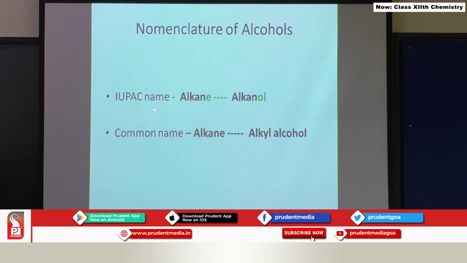In the IUPAC system, the E of the parent hydrocarbon alkane is replaced by the suffix OL, and therefore alkane is going to become alkanol. Whereas in the common name system, the parent hydrocarbon alkane is going to become alkyl and it is ended with alcohol. So, commonly it is named as alkyl alcohol.